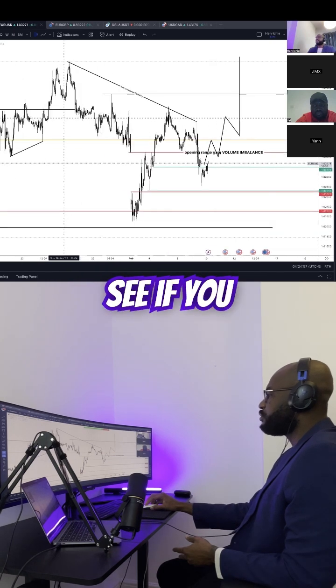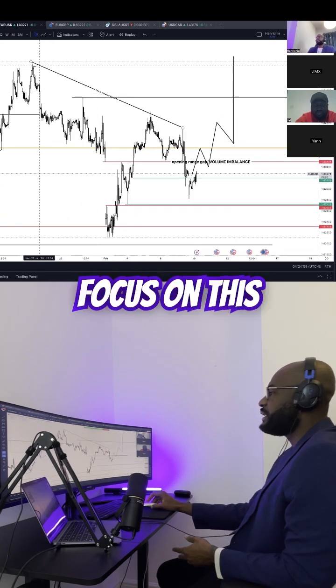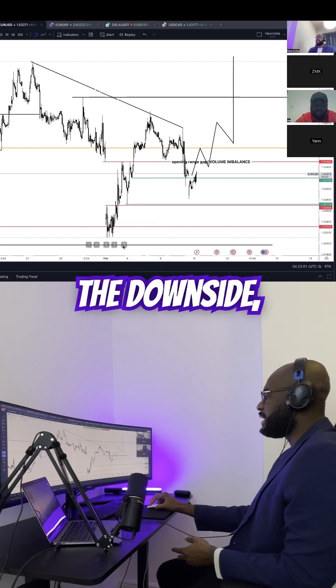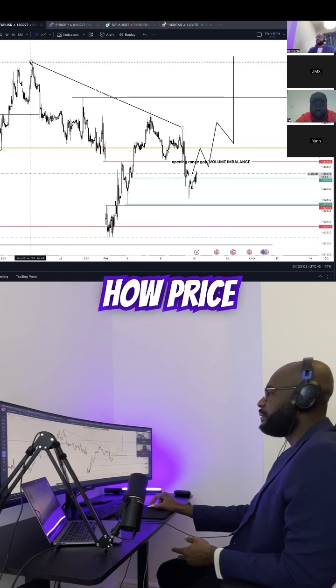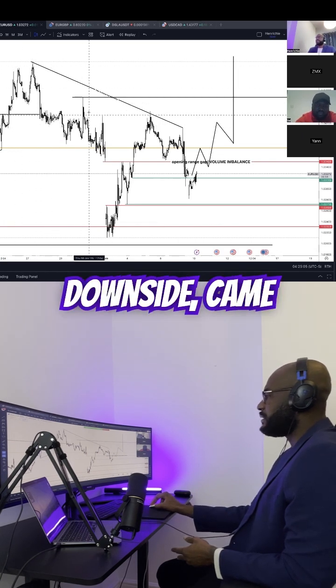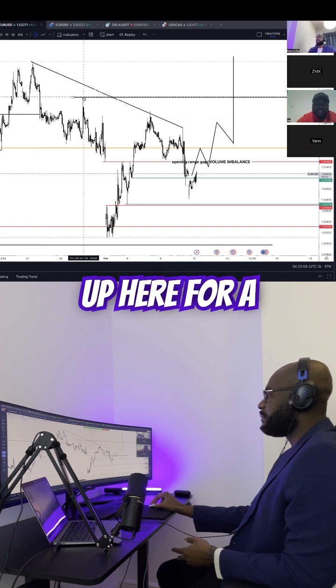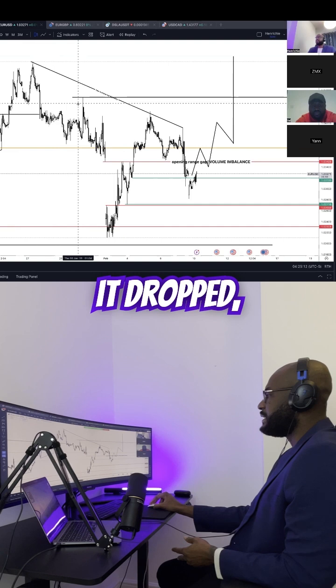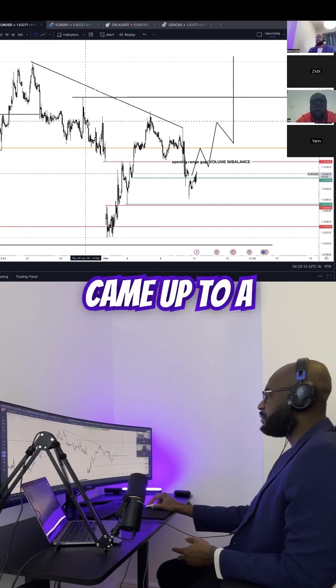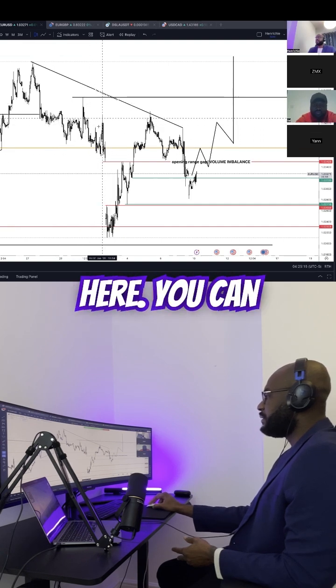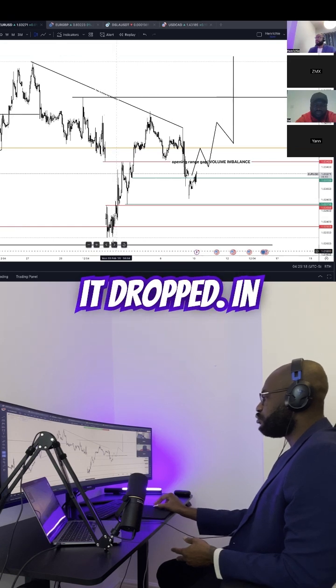If you focus on this entire move to the downside, you can see how price went to the downside, came up to a fair value gap here, mitigated it, dropped, came up to a fair value gap here, mitigated it, dropped.